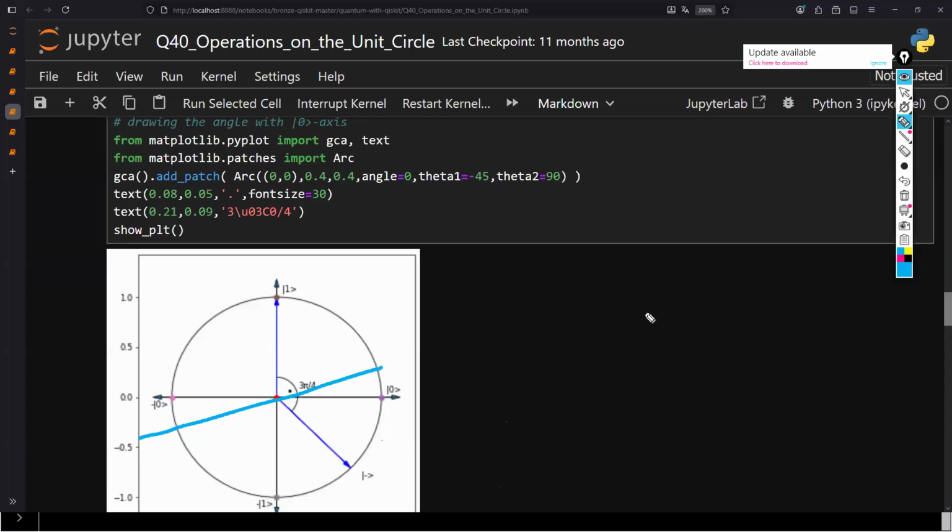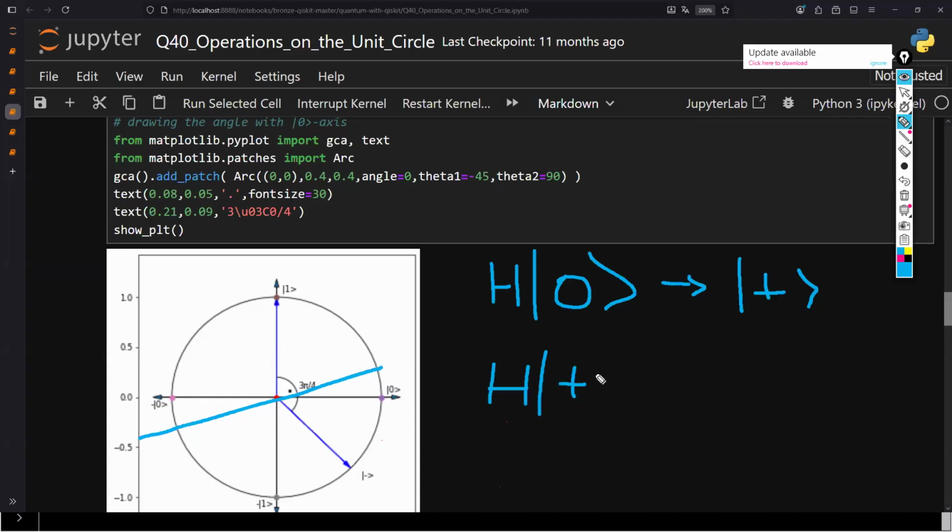Why do we say that this is a reflection? Well, we could recall the fact that when I applied H on the zero state, I got a plus. But after I apply H again on the plus, I got 0.